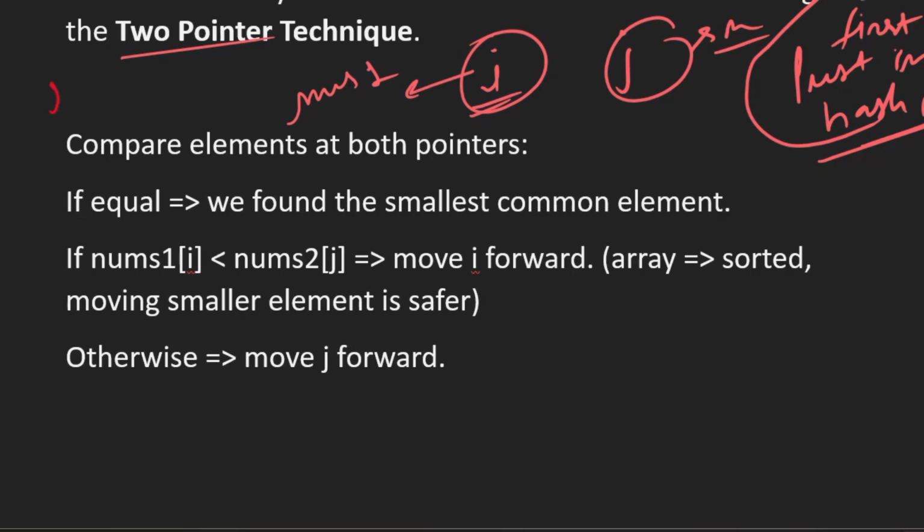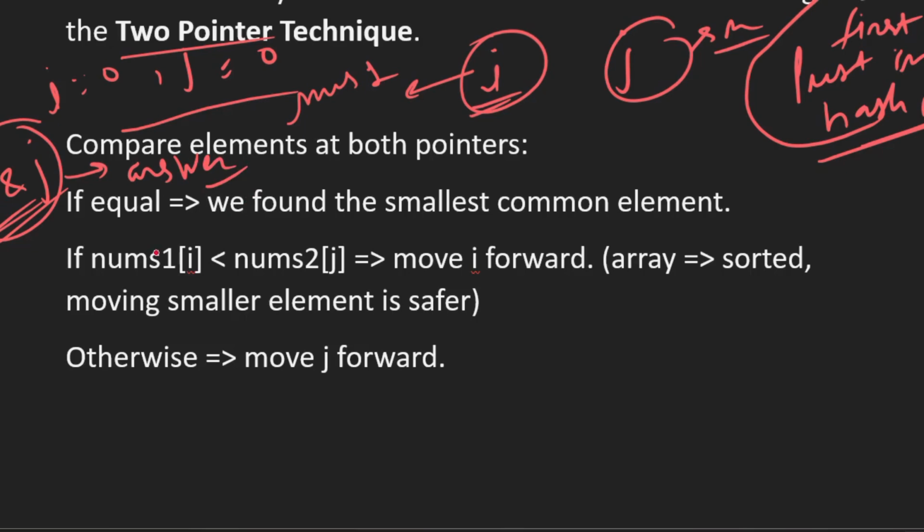Initially both pointers will be at 0, 0. Then we compare the elements. If the elements at pointers i and j are equal, that means we have found our smallest common element, and that is our answer.